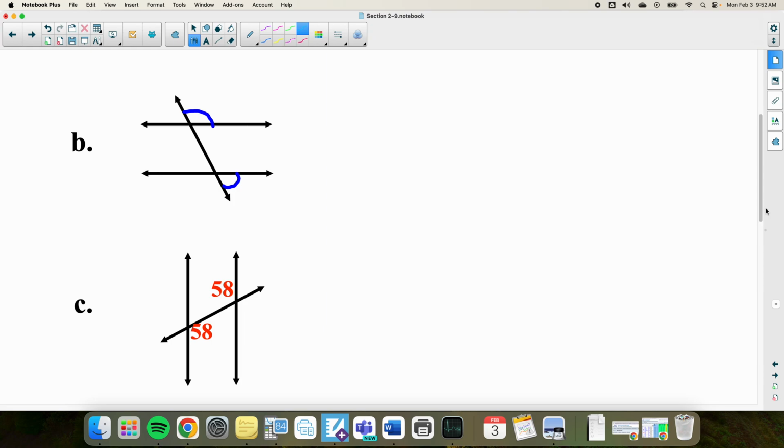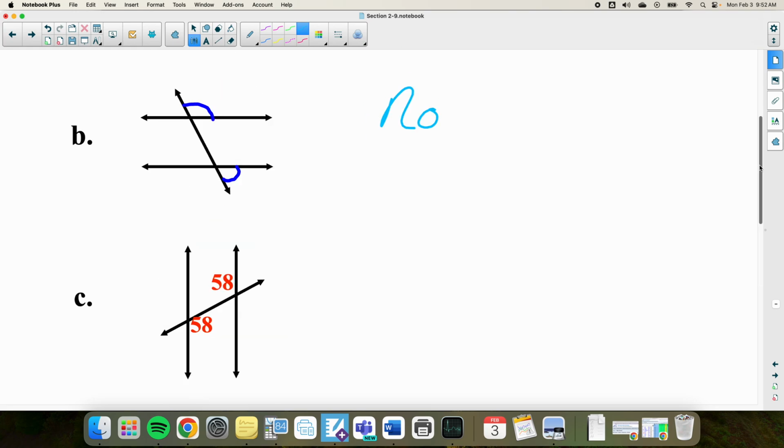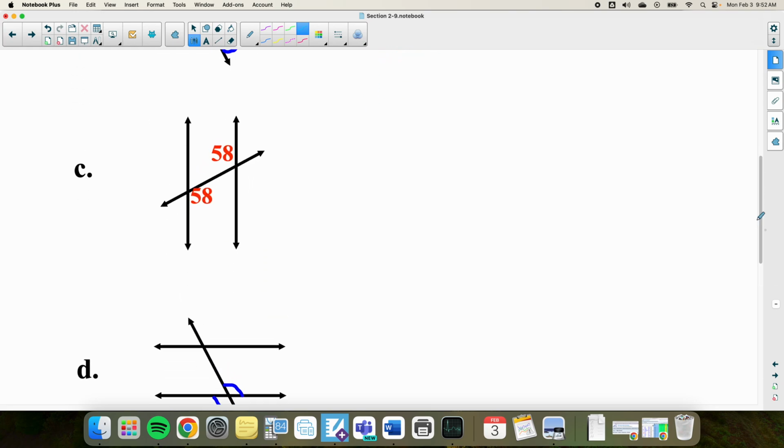These are actually consecutive exterior, which we don't need a rule for, so we never talk about consecutive exterior. So this one, we're just gonna say no. For C, what do you think? Yes, because they are alternate interior. Yep, the 58 goes with this one and that one, and they're alternate interior.